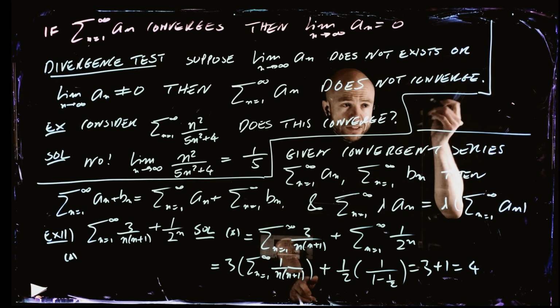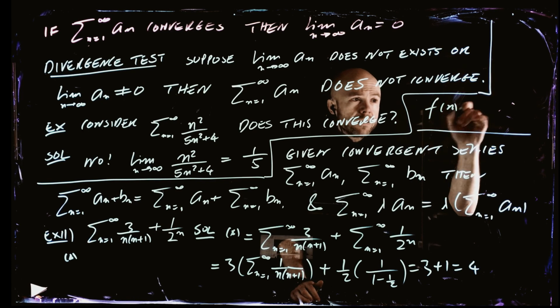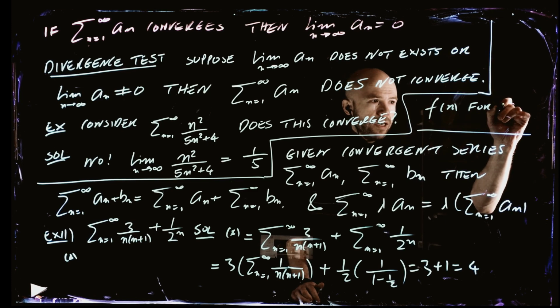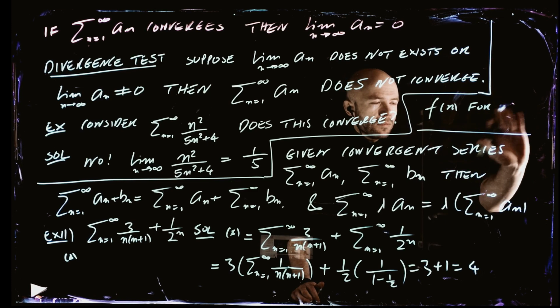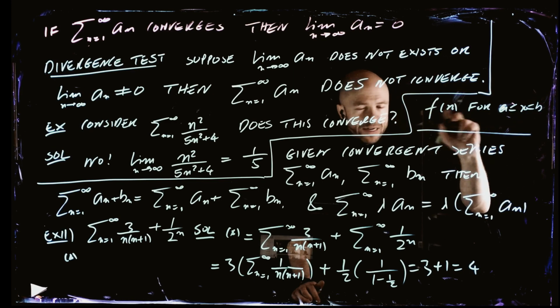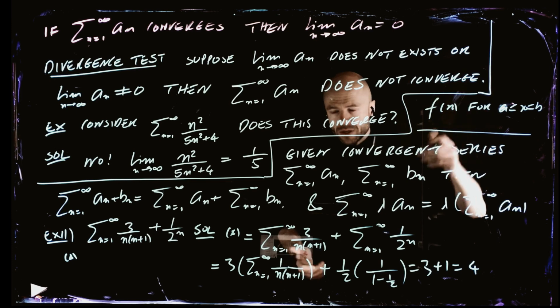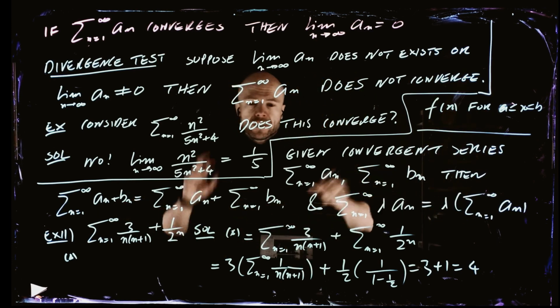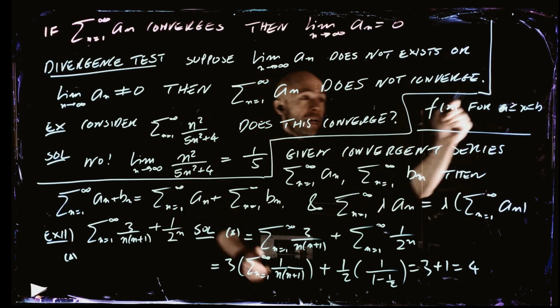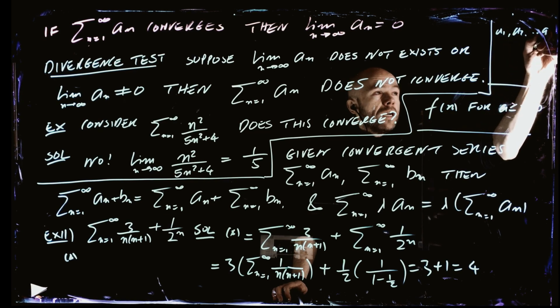So integration is like adding everything of the form f of x for x between two numbers, say a to b. If we try and add all of these numbers for every x between a and b, that's integration. Series are adding an infinite sequence of things, a1, a2, and so on. Yeah?